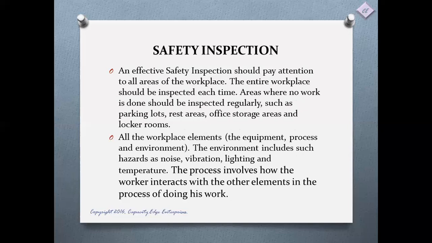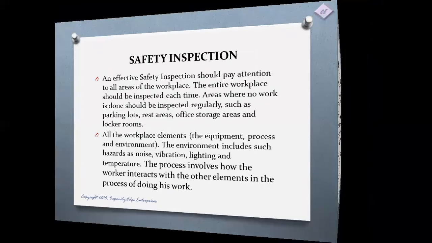Then for the safety inspection, we should also focus on the equipment, which we've emphasized, the way we work and the working environment. For example, do we have wet surfaces? Do we have temperature extremes in the environment?